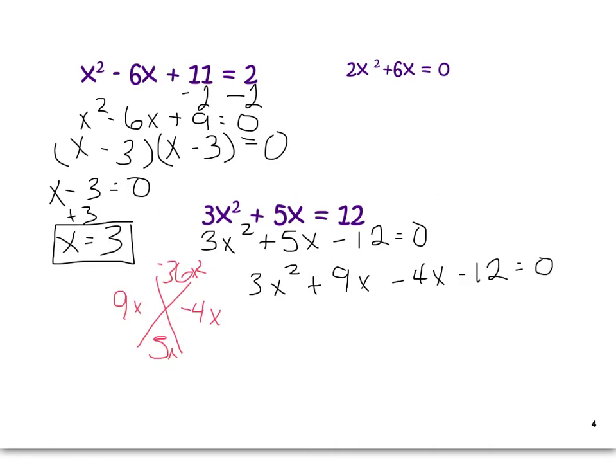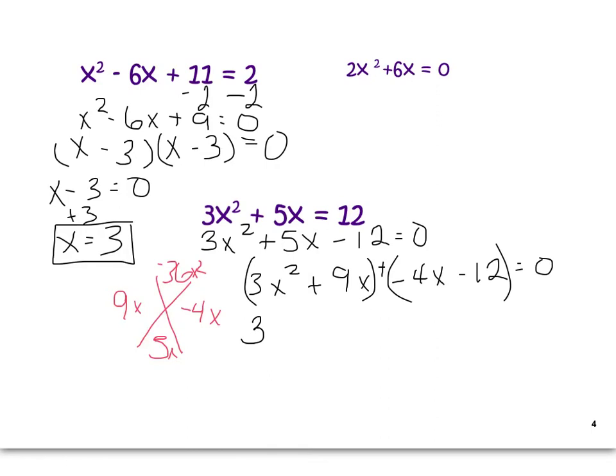Make sure to keep that equals 0 in there. I know it's tempting to lose it since we've only been working with expressions, but the equals 0 is what makes it an equation and what makes it able to be solved. Alright, now grouping these guys, I'm going to put a plus in the middle.